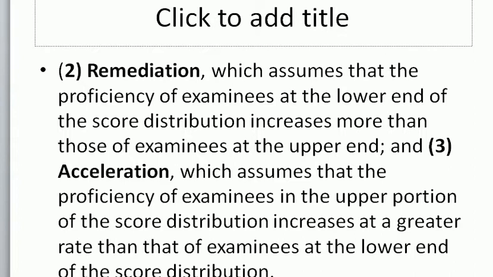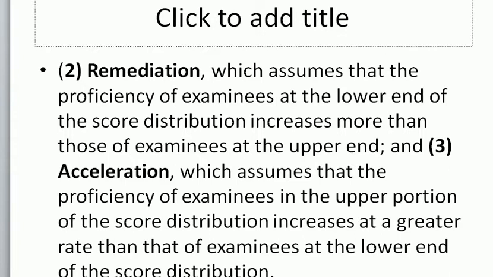Number 3, acceleration, which assumes that the proficiency of examinees in the upper portion of the score distribution increases at a greater rate than the examinees at the lower end of the score distribution.